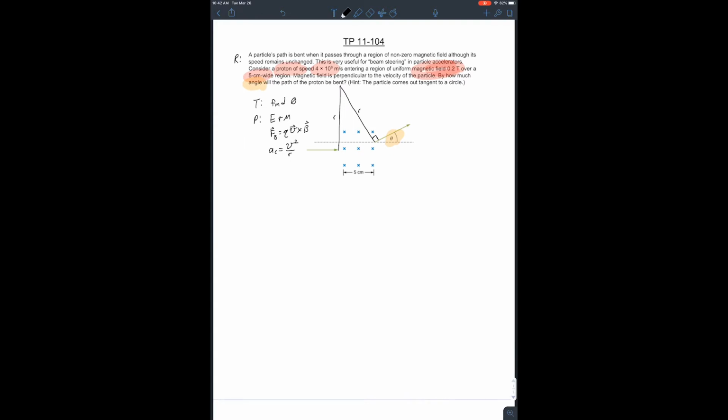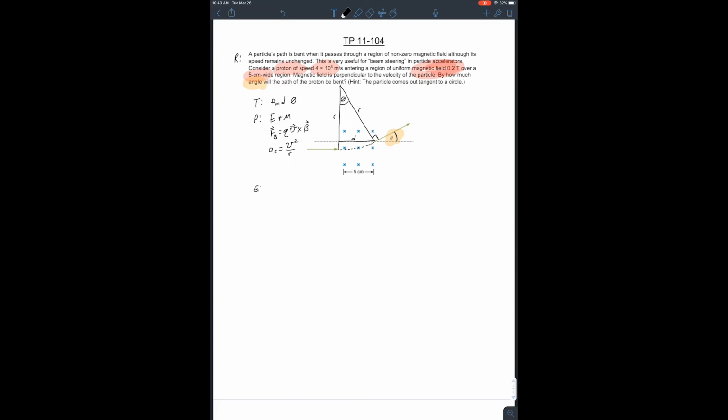In between those, I'm going to try to represent the motion of the particle as it changes direction while it undergoes uniform circular motion. Additionally, I want to draw a line here. This is the variable d, or 5 centimeters according to the given information. If I go through the geometry, I can see that this angle theta is the same as the angle of the arc that my particle goes through.